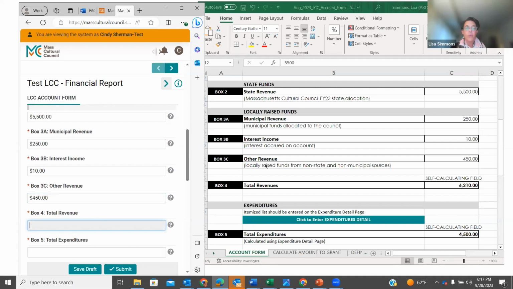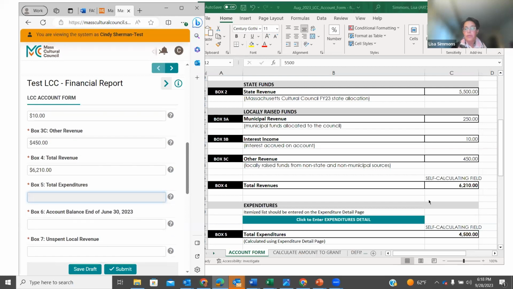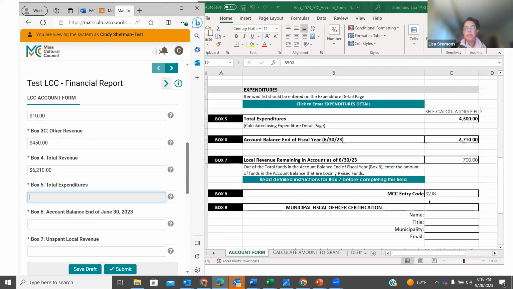And then this form here that is sent to the town accountant self-calculates. So again, it's just a cut and a paste. You're going to take the box 4 and you're going to say, okay, 6210, that was our total revenue. And then we're going to scroll up here and we're going to look and see what else the town accountant and you agreed on.